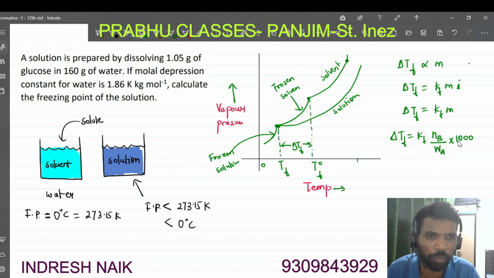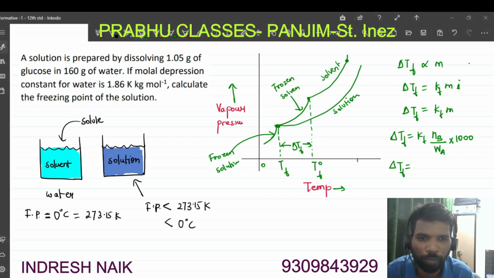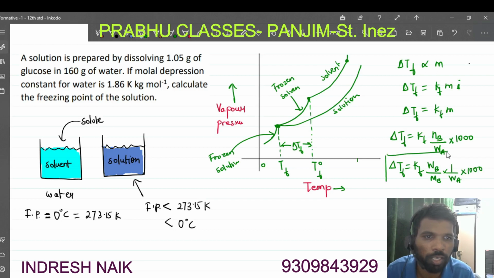So further, I can write delta Tf is equal to Kf times nB, which could be written as WB upon MB. Why? Number of moles is given weight upon molar mass, into 1000 upon WA. This will just give you delta Tf.